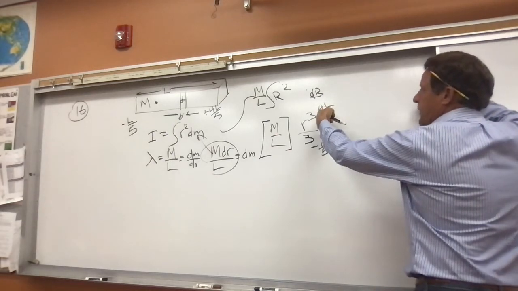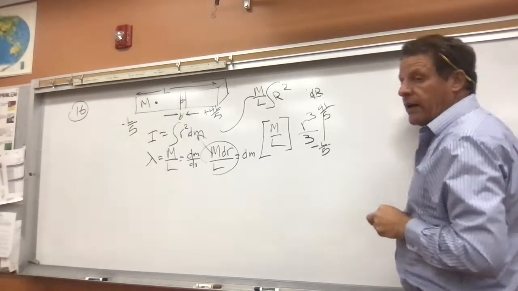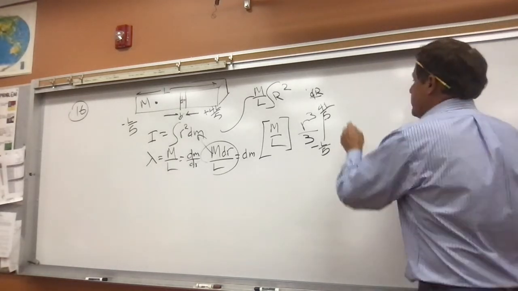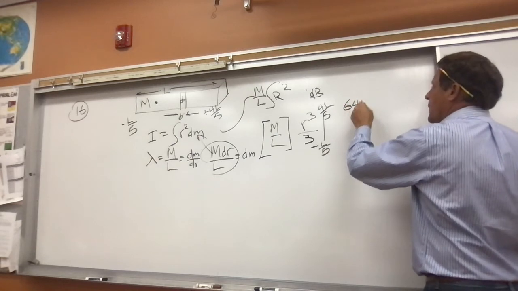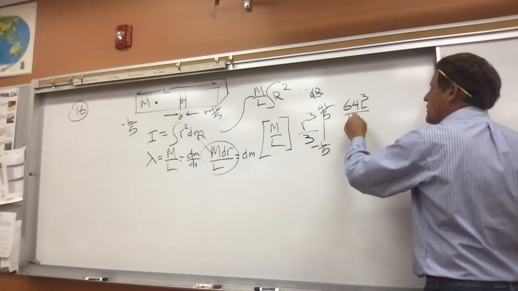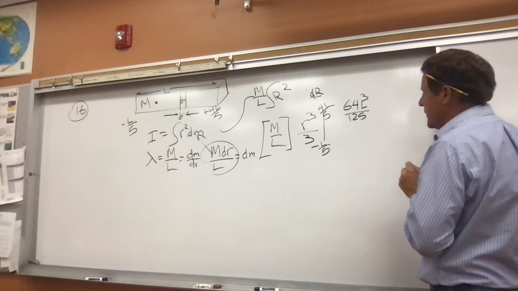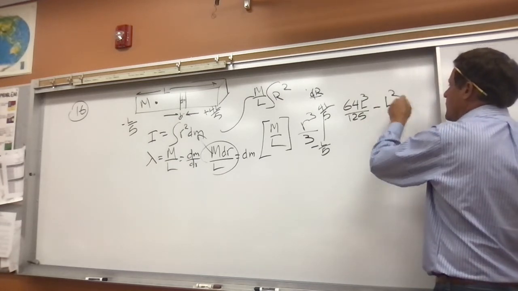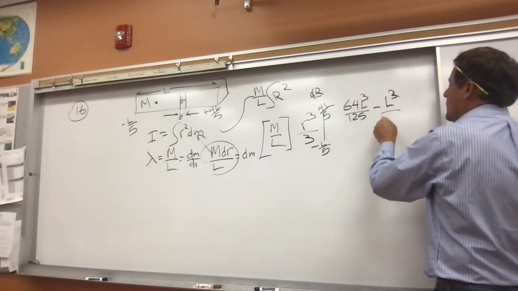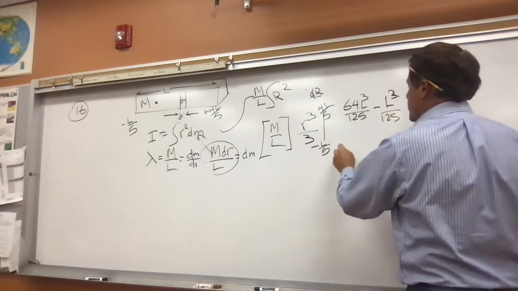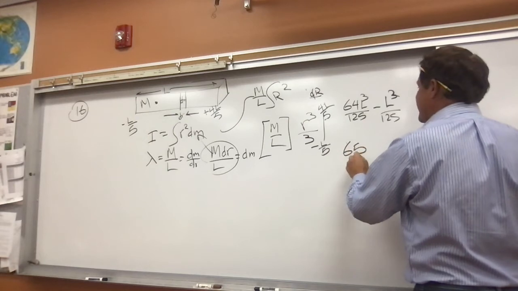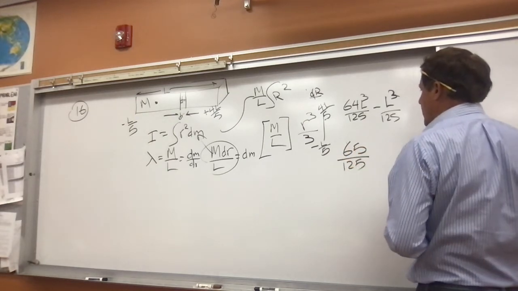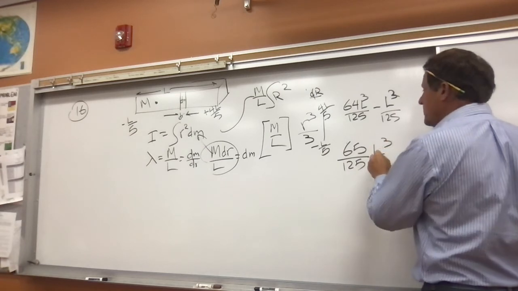Okay? So when we evaluate this, we're going to have 4L over 5 cubed, which is 64 L cubed over 125, minus 1 L cubed over 125, which is going to give us 65 over 125 L cubed.